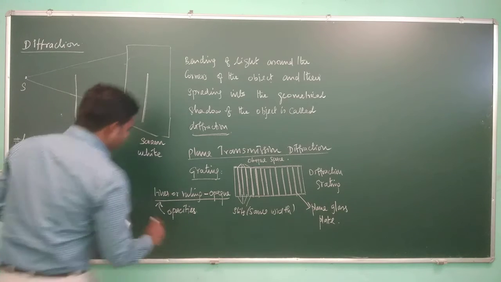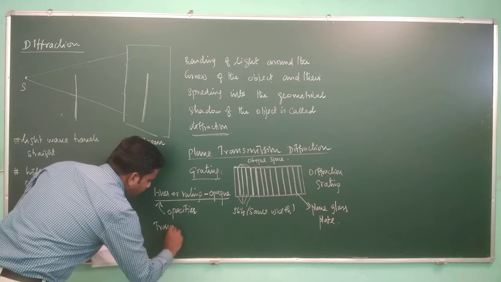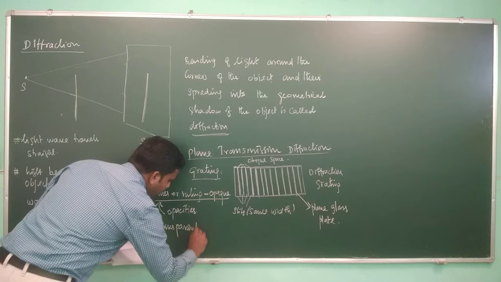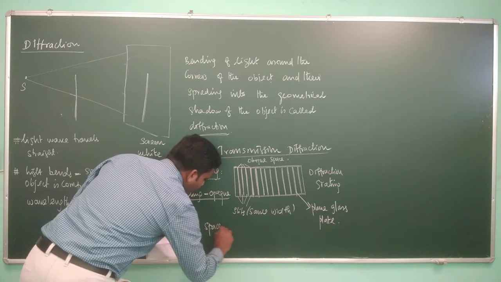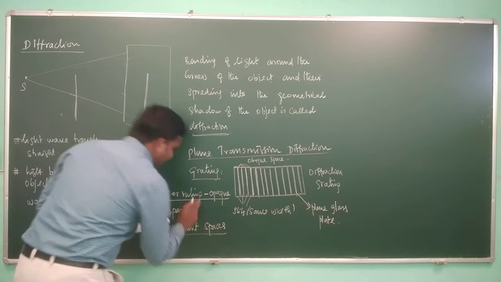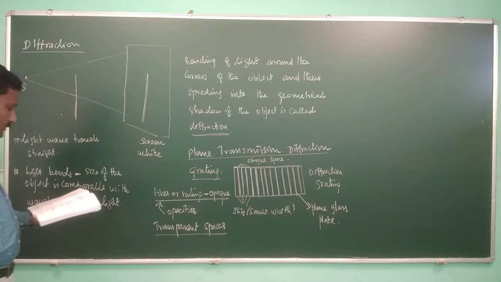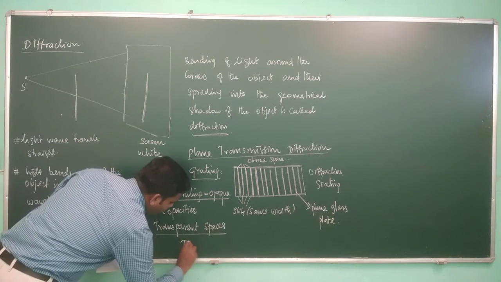And the transparent spaces between the rulings are called transparencies.